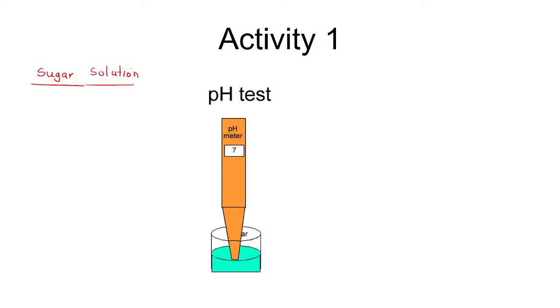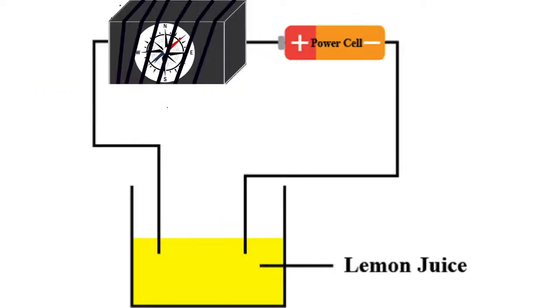An ammeter is nothing but a device which is used to measure electric current. In the ammeter there was no deflection. That means this is a poor conductor of electricity. So sugar solution is a poor conductor.